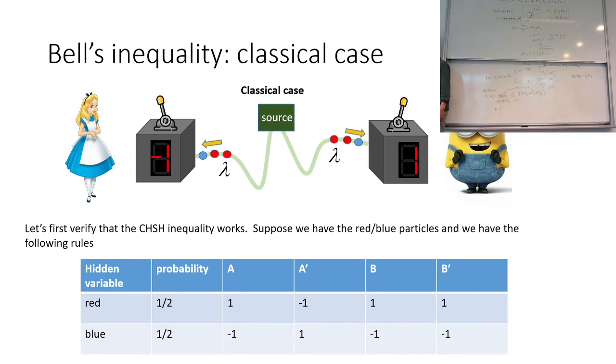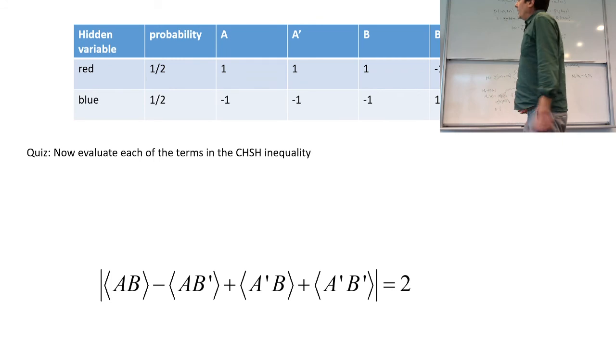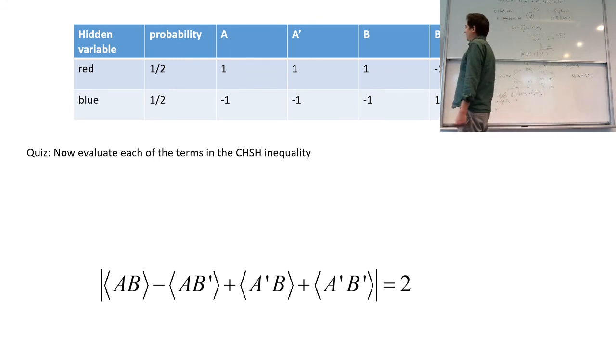So long as each of the outputs is 1 or -1, and I have a consistent rule for each A or A dash, I can choose this whichever way I like. But let's just do it for the case that I did here. So AB, can you see what that will evaluate to?